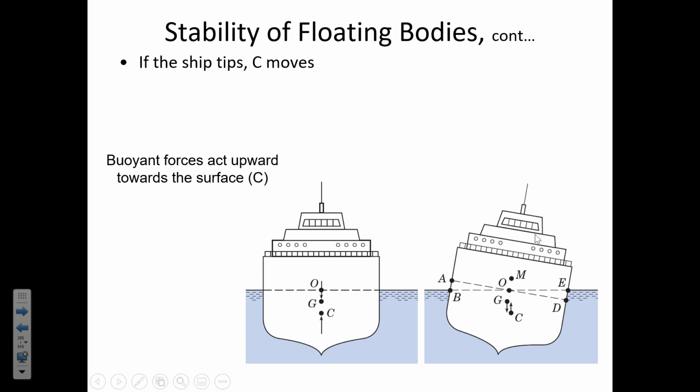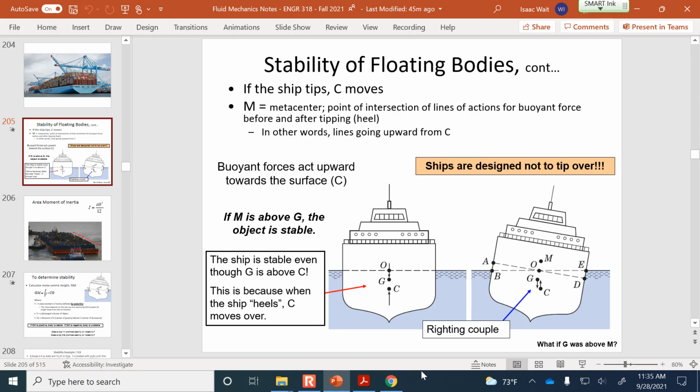So if you put heavy stuff up high, it's going to be moving G higher and higher. There's a limit to where G is allowed to be. And the rule is that if G is above M, then it's unstable. That's too high. But as long as G is below M, then it's stable.